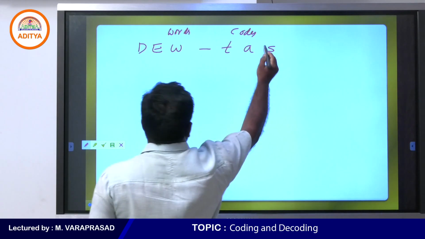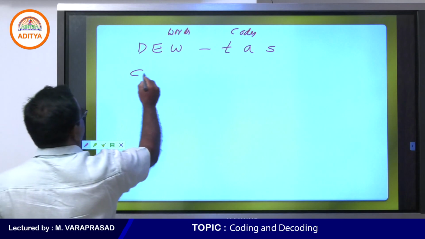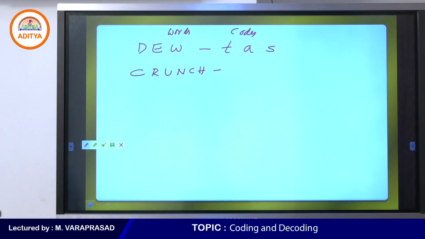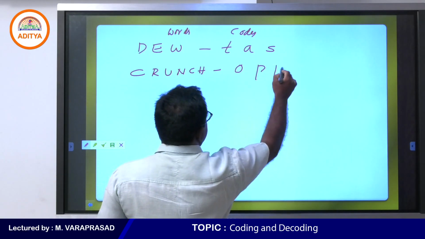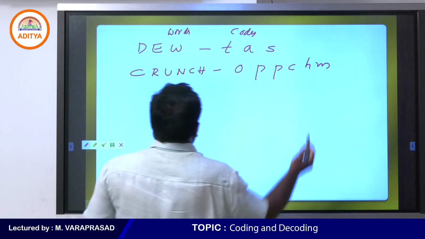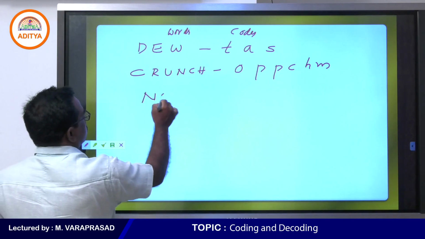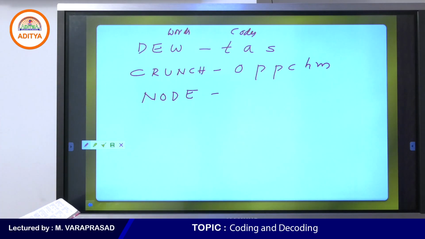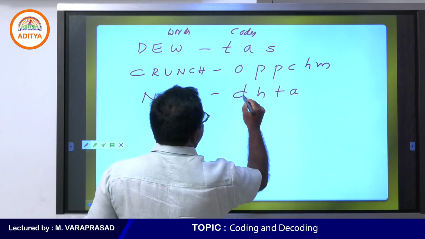The second one is crunch, given as OPPCHM. The third one is node, given as DHTA.